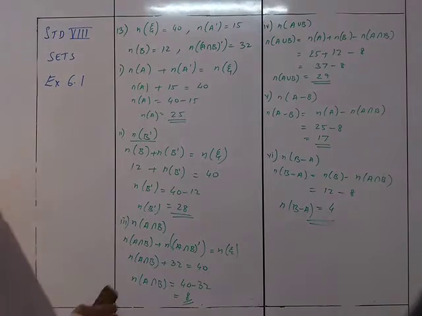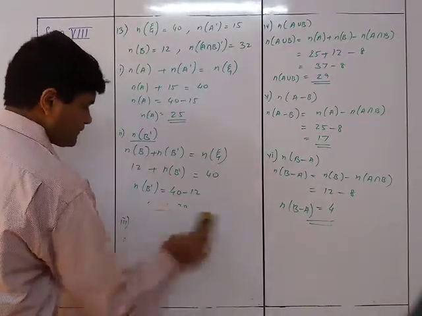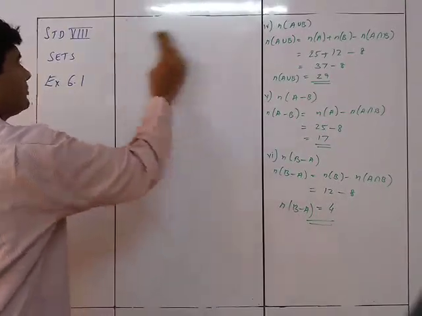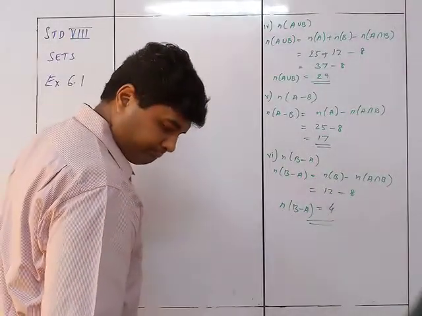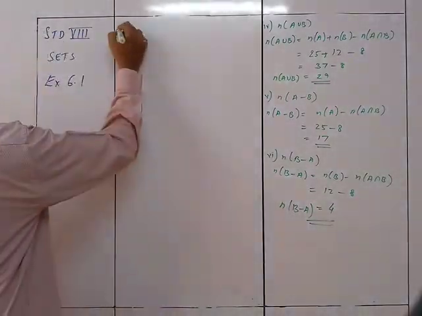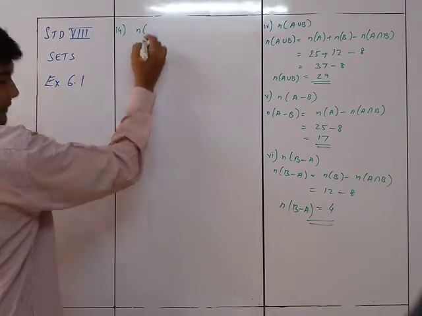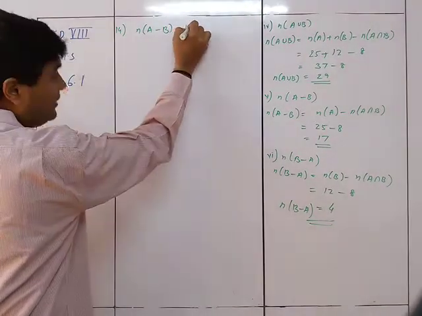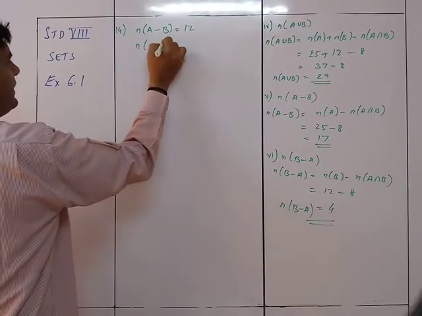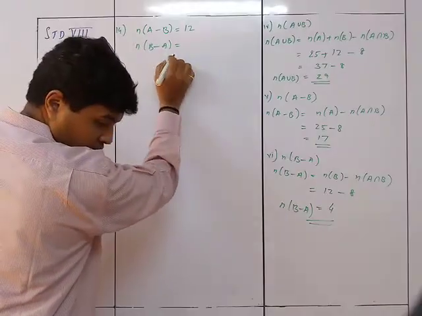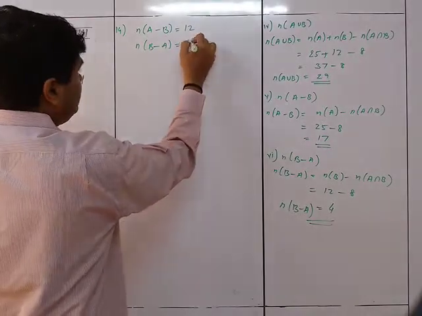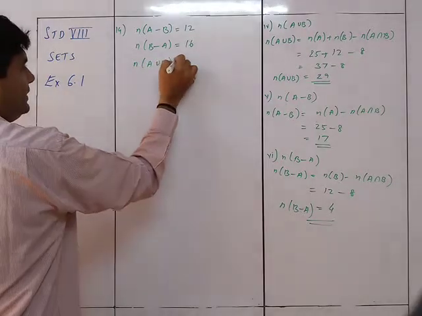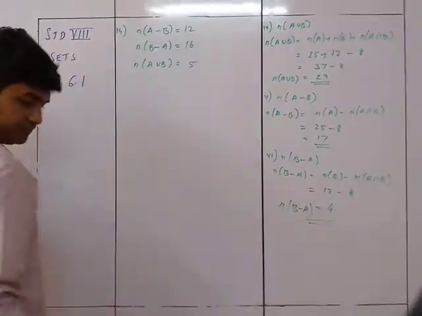Here, n(A minus B) is equal to 12, n(B minus A) is equal to 16, and n(A intersection B) is equal to 5.